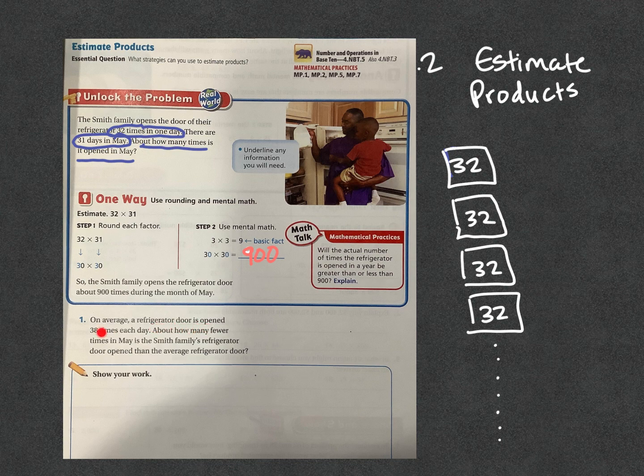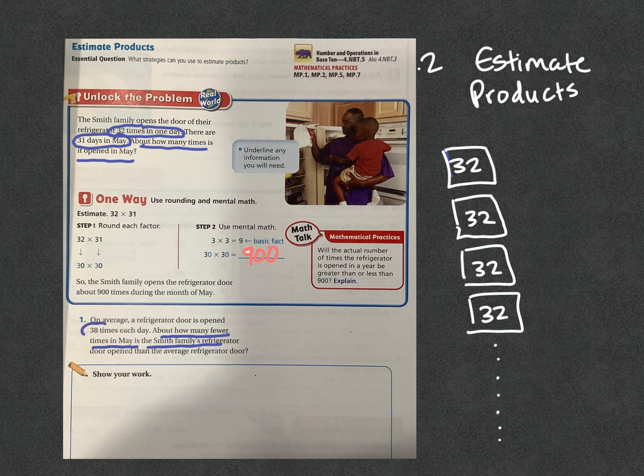On average, a refrigerator door is open 38 times each day. About how many fewer times in May is the Smith family's refrigerator door opened than the average refrigerator door? Okay, so we're given a little more information about, on average, people's homes. How many fewer times in May does the Smith family open their refrigerator door?